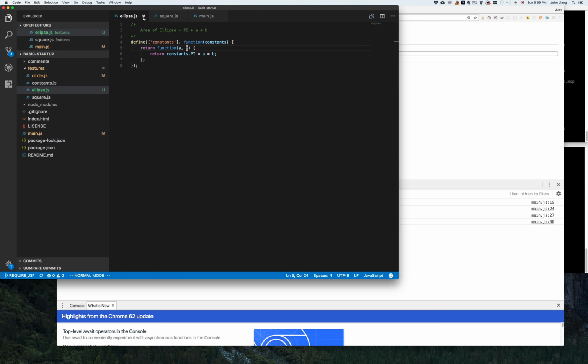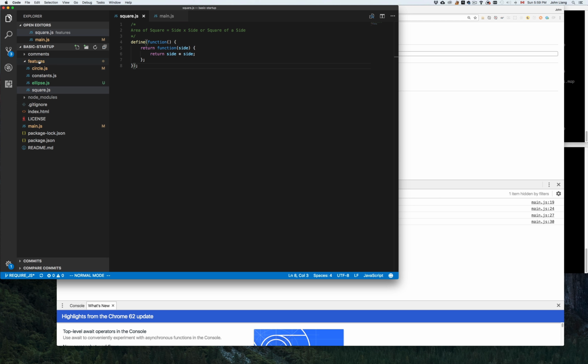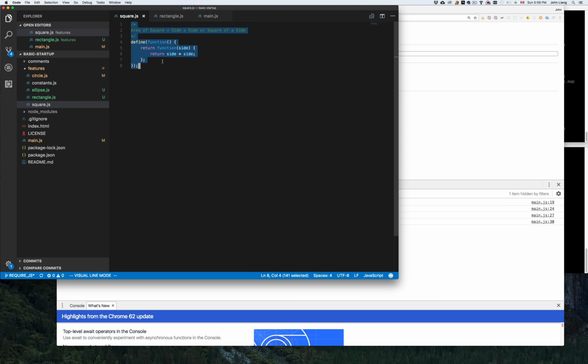Let's close that. Now let's work on the area of the rectangle and the square. So let's create a new file, rectangle.js. Alright, let's copy this, put it into the rectangle, and area of rectangle equals to, let's take a look at the formula again.